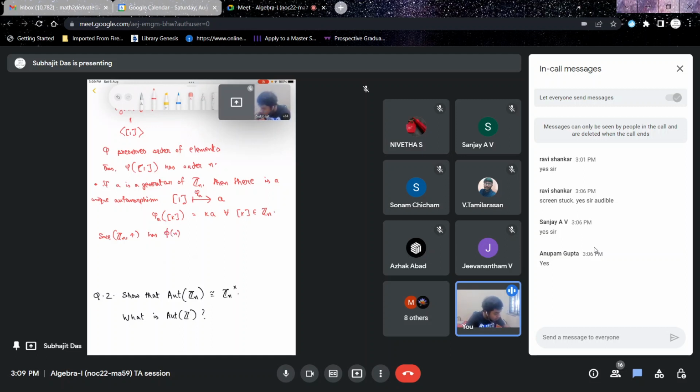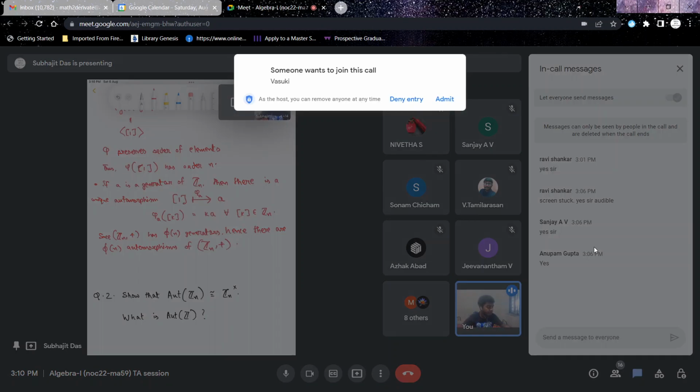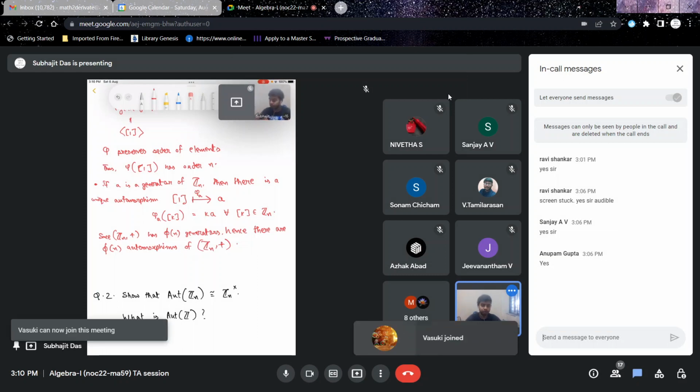Phi n generators, hence there are phi n automorphisms of Zn. And it's as simple as that. You know that a cyclic group has phi n generators. So yeah, it's as simple as that.